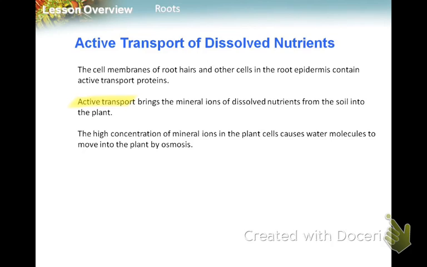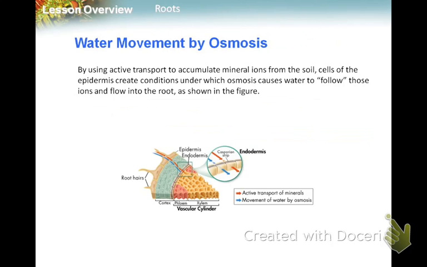Active transport proteins bring the mineral ions of dissolved nutrients from the soil into the plant. And the high concentration of mineral ions in the plant cells cause water to follow by the process of osmosis. So water will follow the ions, flow into the root as shown in the figure.